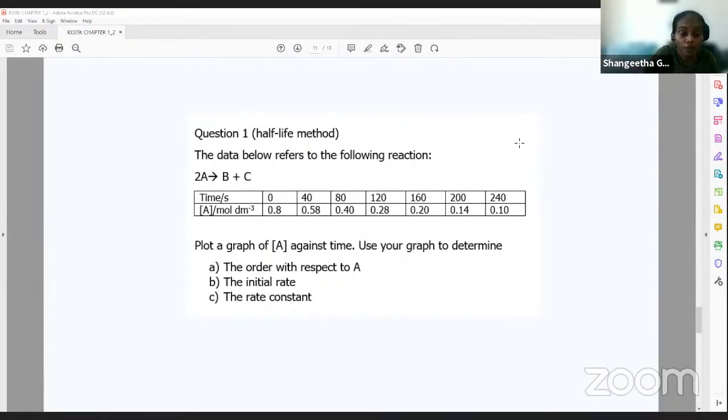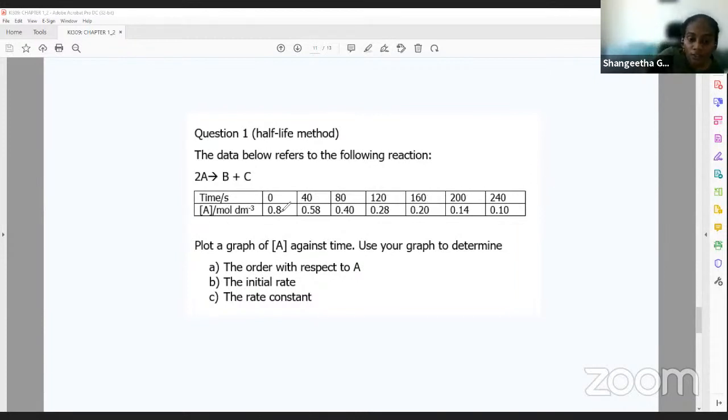In the question, the data below refers to the following reaction: 2A decomposes into B plus C. You have your table here, with time 0, 40, 80, 120, 160, 200, and 240.